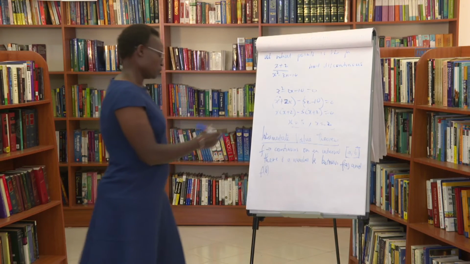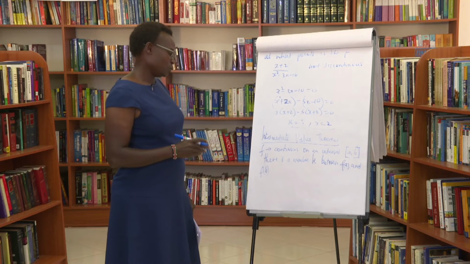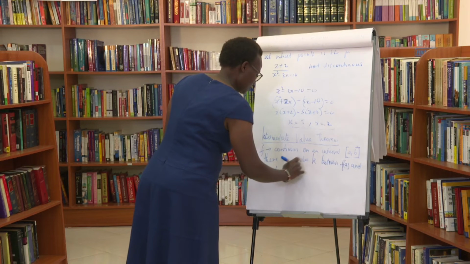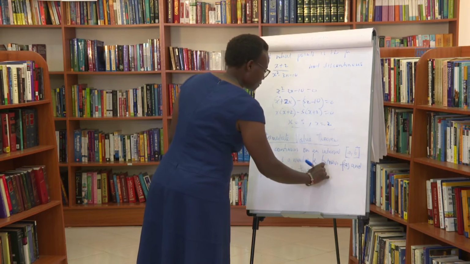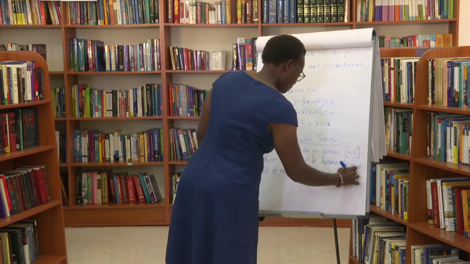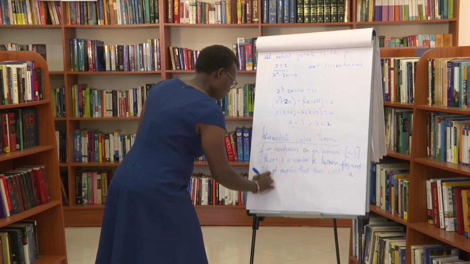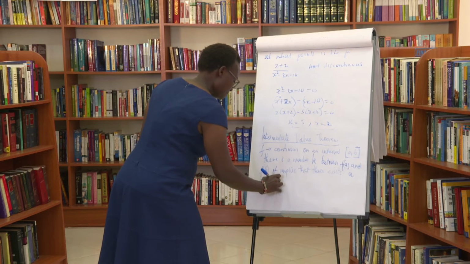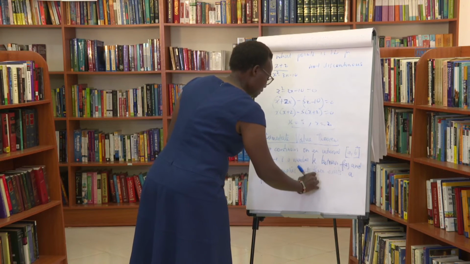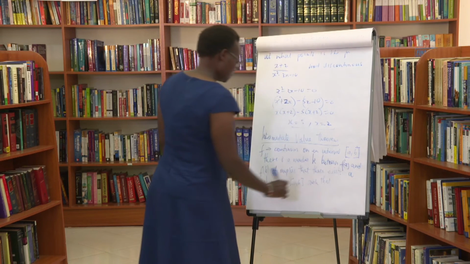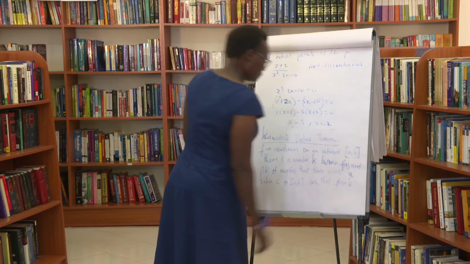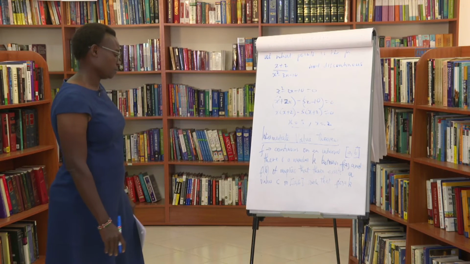So if f is continuous on the closed interval AB, and there is a number k between f of a and f of b, it implies that there exists a value c in our closed interval AB such that f of c equals k. Okay, so f of c equals k.